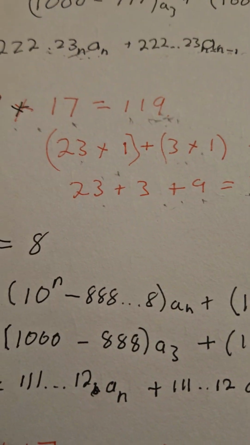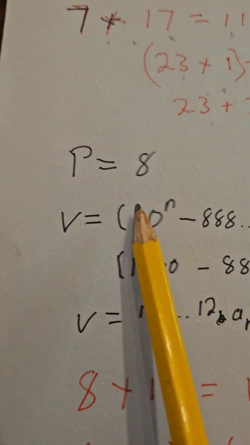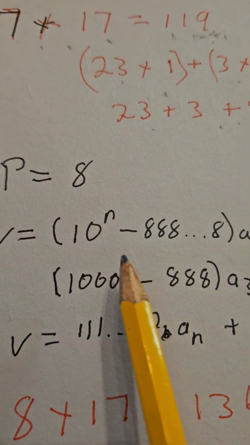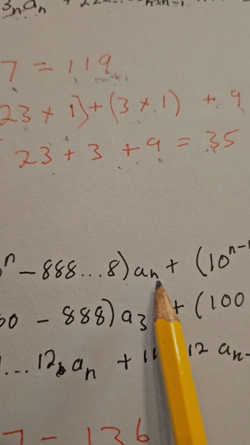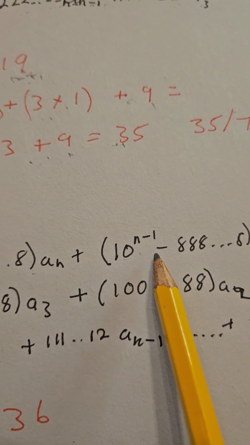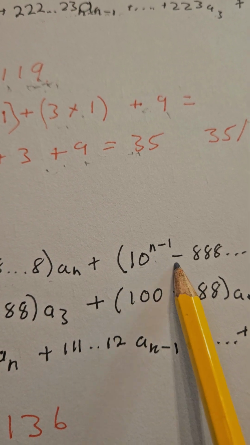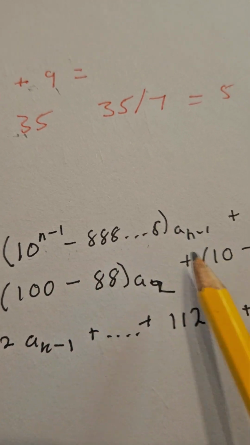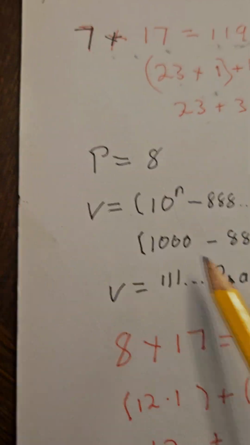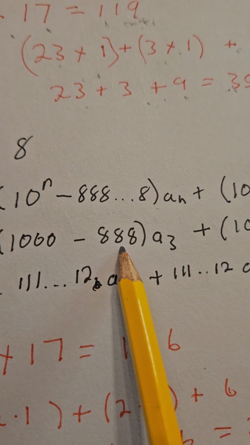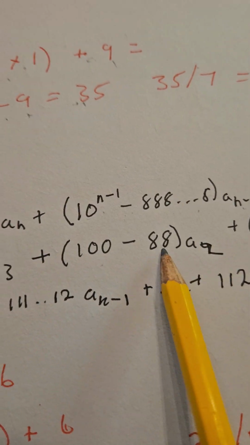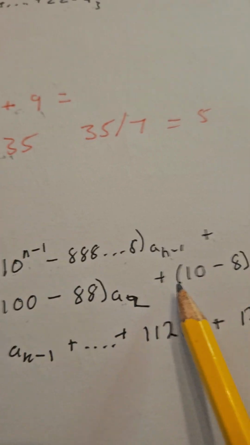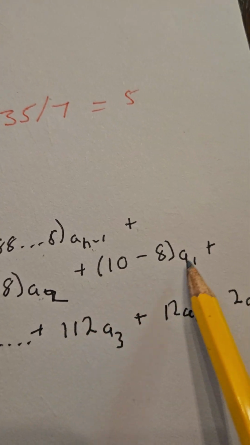And we can do it for, let's say, P equals 8. We get our V equals 10 to the power of n minus 8 an, plus 10 to the power of n minus 1 minus 8 an minus 1, plus 1000 minus 888 a3, plus 100 minus 88 a2, plus 10 minus 8 a1.